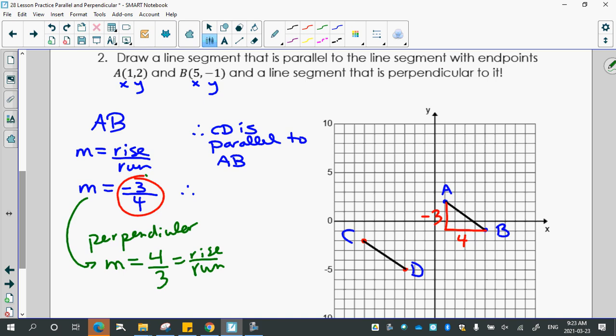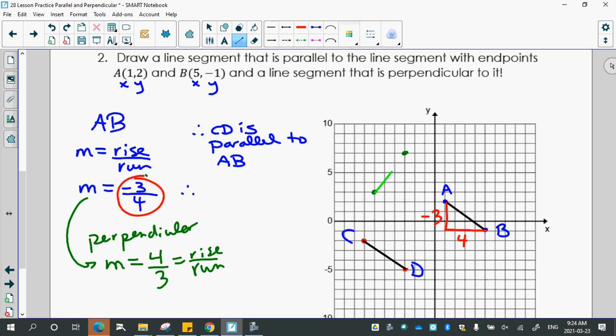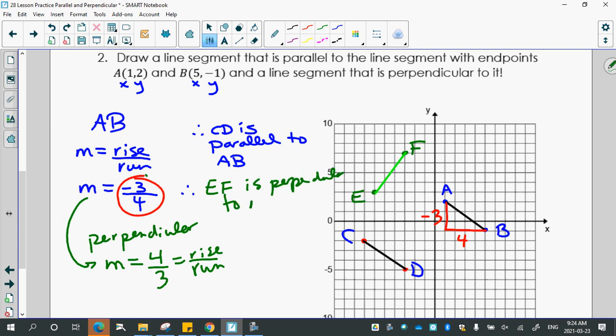Start anywhere you want, as long as you don't run off the grid. Okay, so I'm going to start here, rise up 1, 2, 3, 4, run to the right 3, and that should be perpendicular. I've used A, B, C, and D, so I'll call that E and F. So therefore, EF is perpendicular to AB.